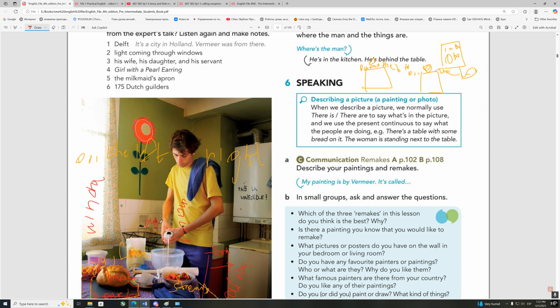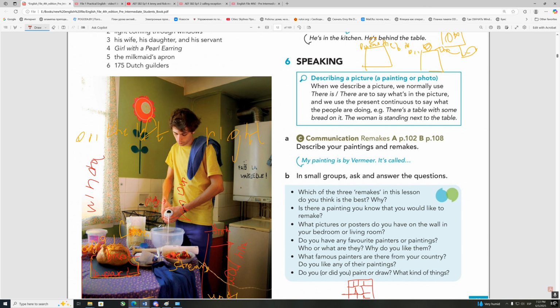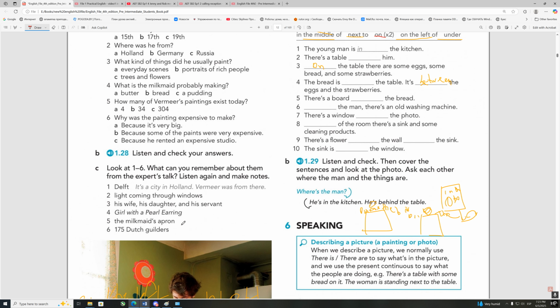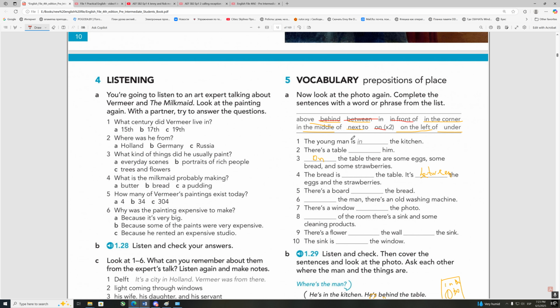So cleaning products. So the cleaning products are used to clean the dish. On the left is used. Of the room, there is a sink and some cleaning products.